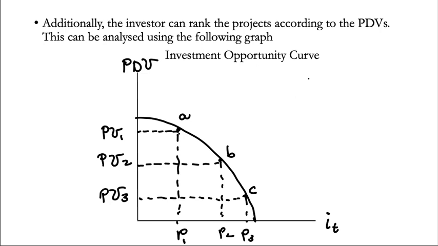Now, if we have the interest rate falling from, let's say, R1 to R0, what will happen? In this graph, we don't have interest rate. So in this graph, it means interest rate is the determinant for the investment opportunity curve.